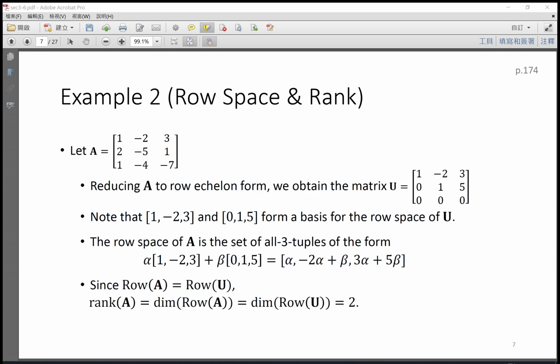In this slide, I will use Example 2 to illustrate row space and rank. Let A be a given matrix, and our goal is to compute its row space and rank.